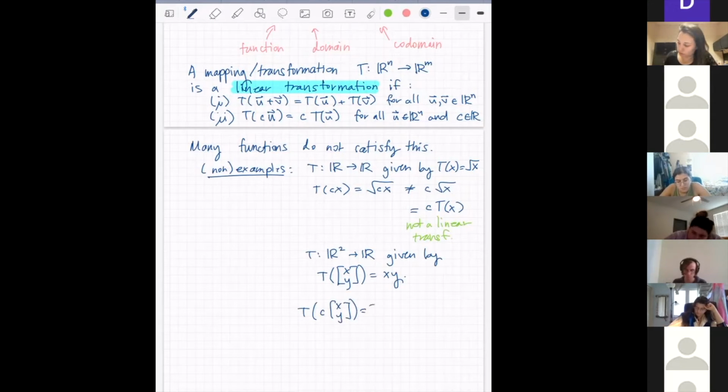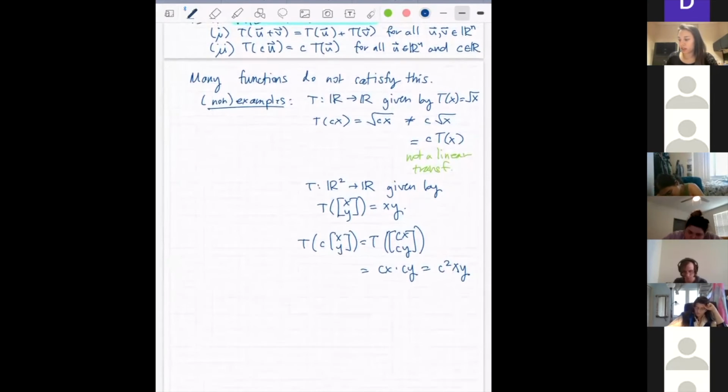By how multiplication by scalars works, we just multiply each component of that vector by c. Then using the definition of T, that's cx times cy, which is c squared x times y. This is not what we would get if we plug in the standard vector x, y and then multiply by c. So this is not equal to c times T applied to this vector. Again, this is not a linear transformation.